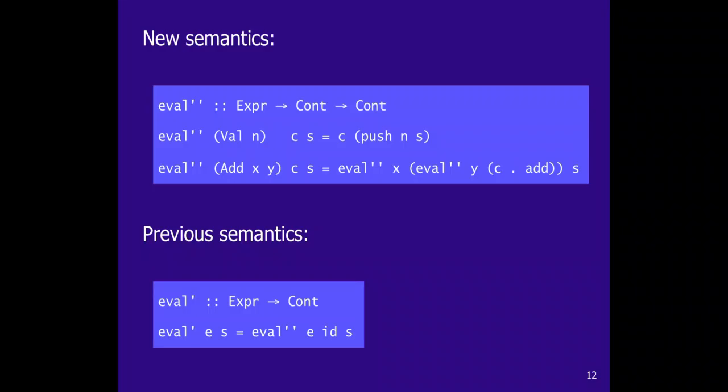And in the recursive case, how do we evaluate an addition? Well, you can read it now operationally from left to right. We, first of all, evaluate x, and then everything after that is the continuation that tells you what to do next. So once you've finished evaluating x, then you evaluate y, and then you perform an addition, and then you invoke c, whatever that was.